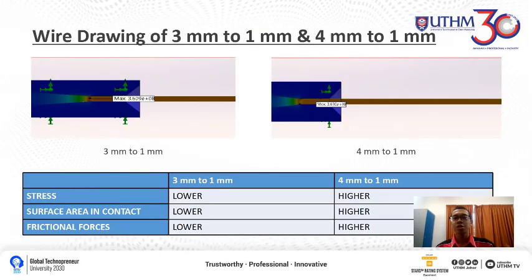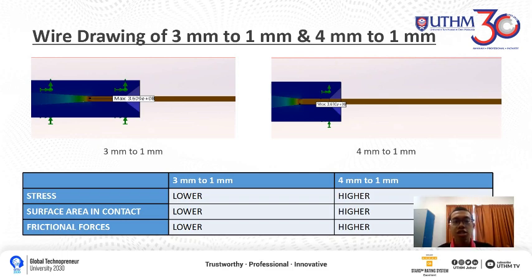Assalamualaikum warahmatullahi wabarakatuh. Then we proceed to the discussion part. The first is wire drawing of 3mm and 4mm wire to 1mm. Let's look at the picture. The 3mm wire has a maximum stress of 3.609 and the 4mm wire has a maximum of 3.630.